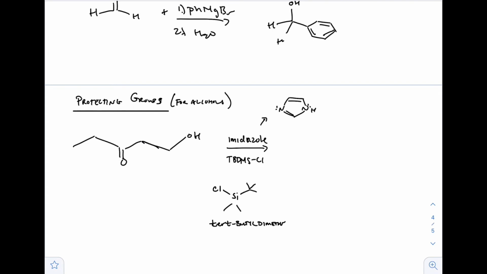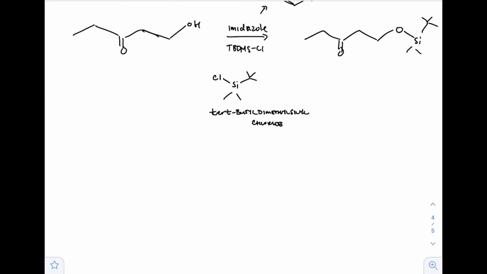We also got this TBDMS chloride. It's the tert-butyldimethylsilyl chloride. So once you do that, it basically just removes the proton. It attacks, you lose the chloride, and then you get this silyl group on the oxygen that was the alcohol.